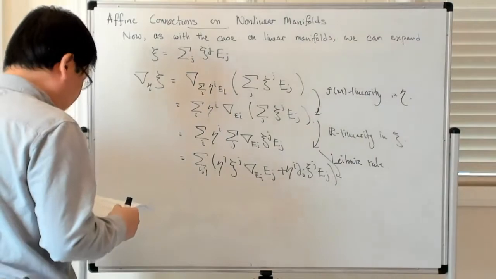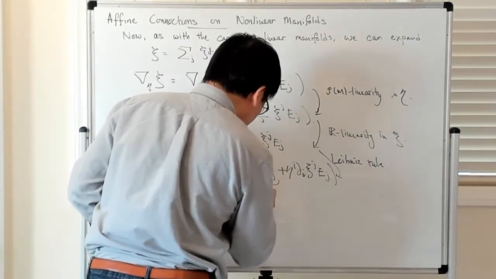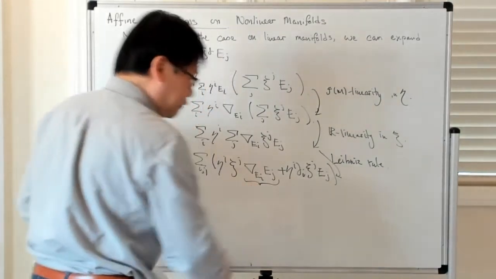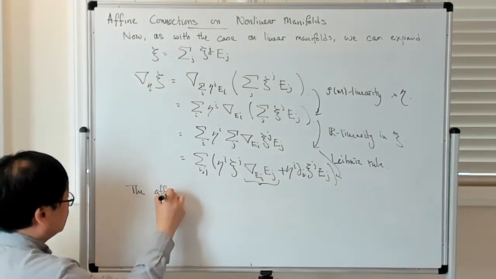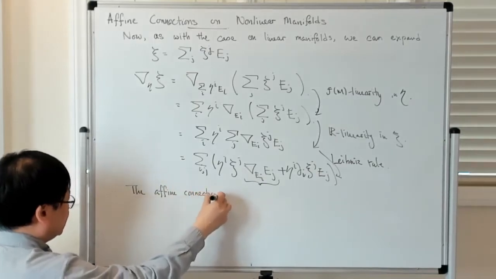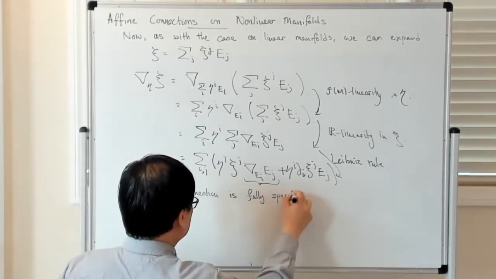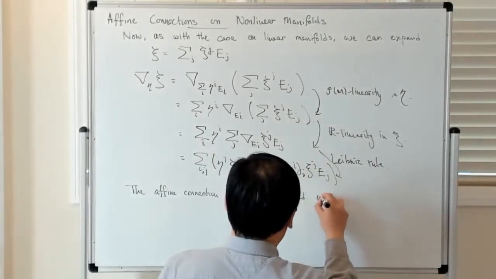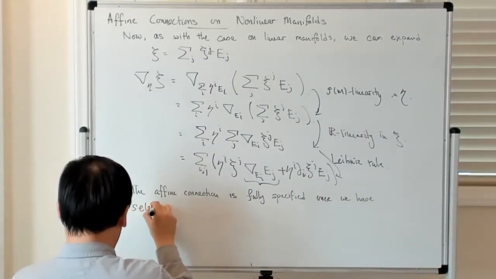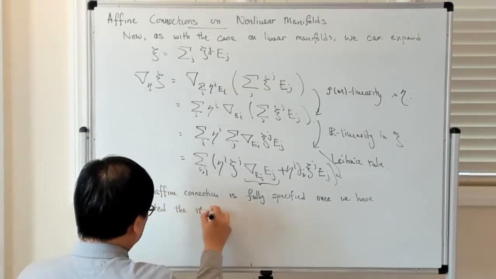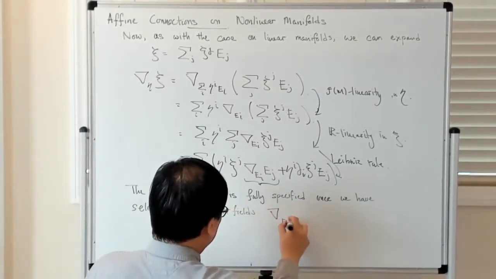Okay? All right, so as before, the affine connection on a coordinate chart is uniquely specified, fully specified, once we have selected the n-squared vector fields, nabla_{E_i} E_j.